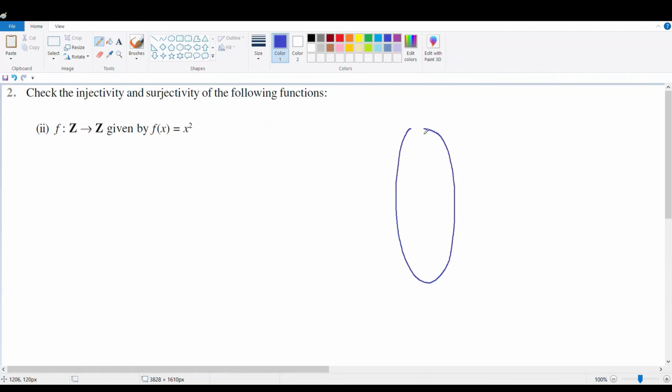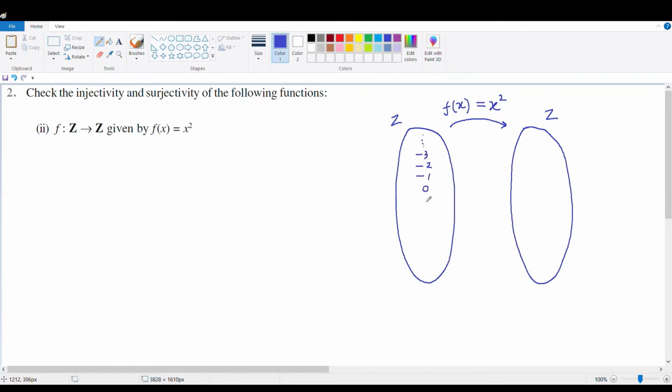So let's say you got a domain and a codomain from Z to Z, and that function definition is f of x equals x square, and since it is Z, the integers, it's going to be like -3, -2, -1, 0, 1, 2, 3, 4, 5, 6, and keeps on going. Same way here as well, -3, -2, -1, 0, 1, 2, 3, 4, 5, 6, 7, 8, 9, keeps on going, right?